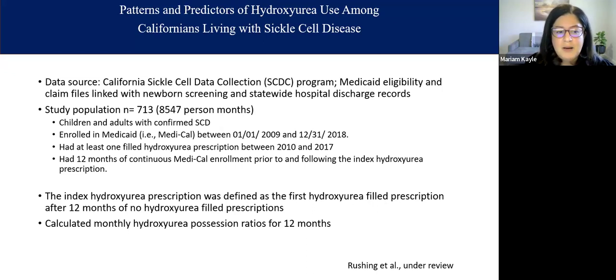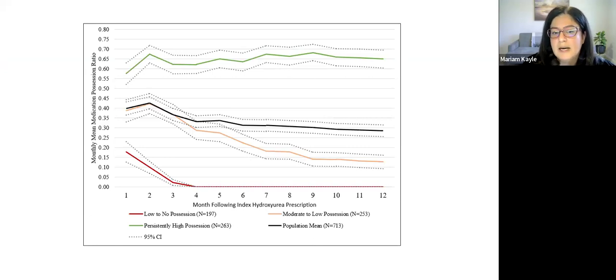And then she followed them for 1 year post their first prescription filled to understand how they're filling their prescriptions over time. So we calculated a medication possession ratio for each of those patients for a period of 12 months. And then she modeled that using group-based trajectory analysis.